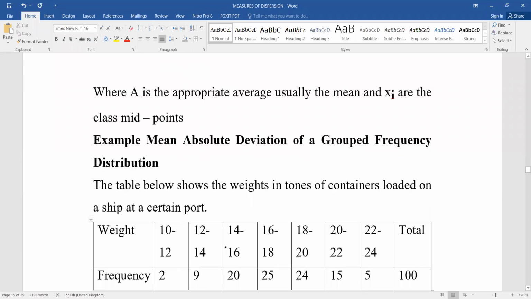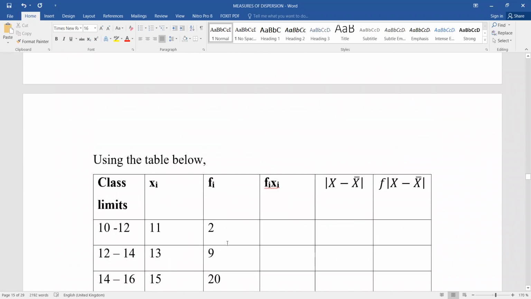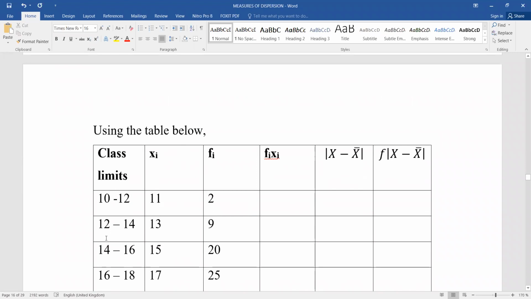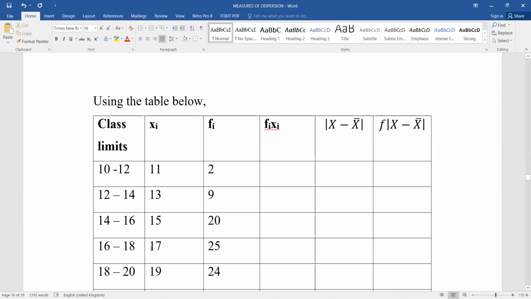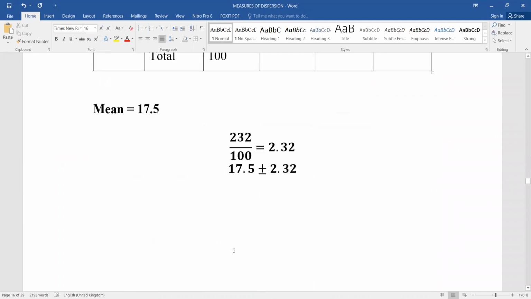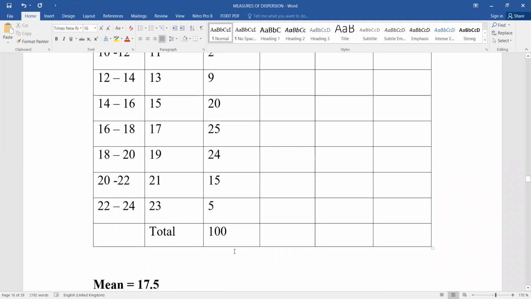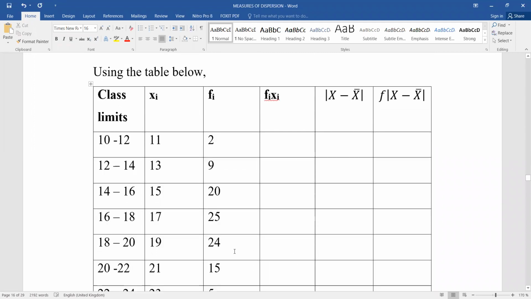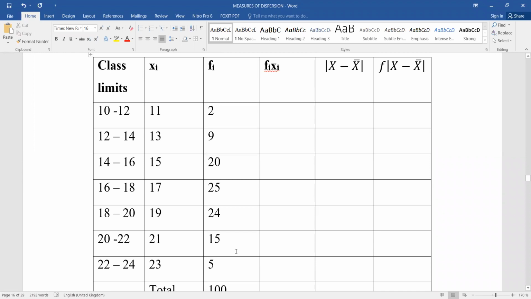The data is continuous, so we need exclusive classes: 10 to 12, 12 to 14, 14 to 16, 16 to 18, 18 to 20. First calculate and get the mean.